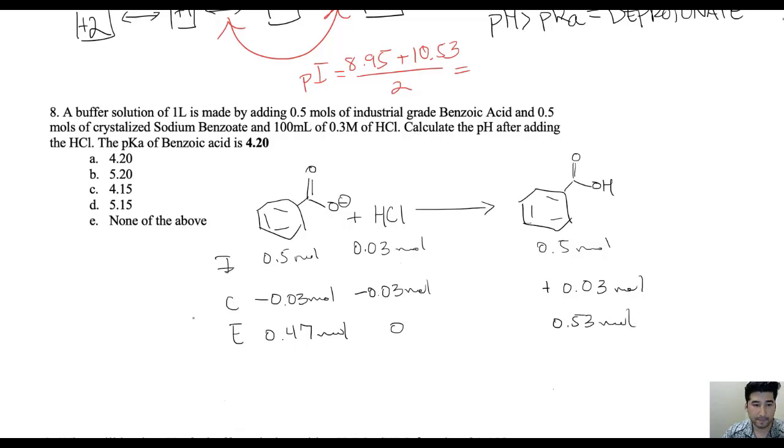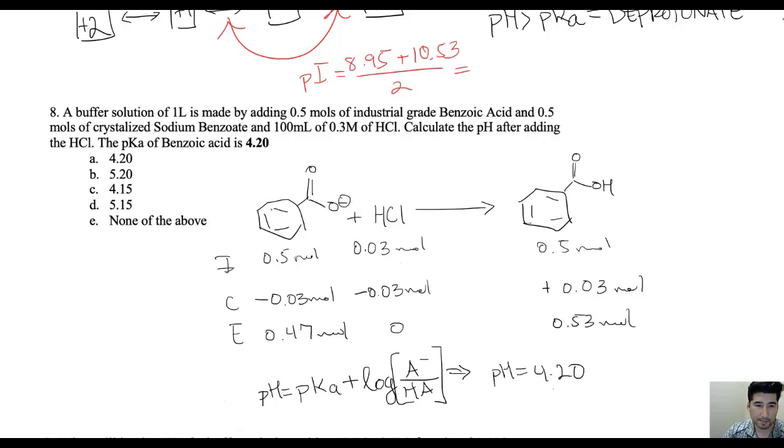And from here, all we have to do is use the Henderson-Hasselbalch equation, which is pH is equal to pKa plus log of the conjugate base over the acid, which means pH is equal to 4.20, which is the pKa that is given over here, plus log of 0.53 over 0.47.